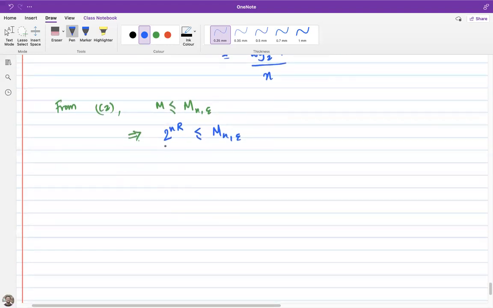Then the question is very simple. A quick question here: can we increase this R? Is this the only rate we can use?